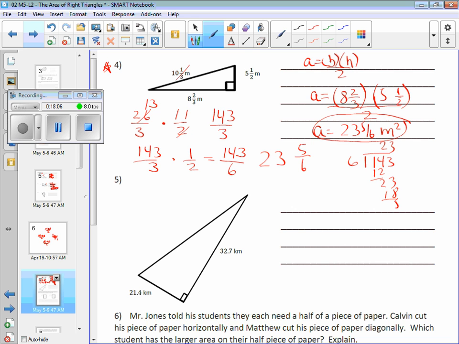You could do it that way too. And it actually does save you a little bit of time, but I don't want to confuse anybody. What she's saying is dividing by 2 is the same as multiplying by 1/2. So you could do it all in one step: 26 over 3 times 11 over 2 times 1 over 2.